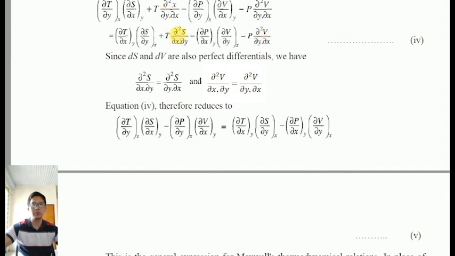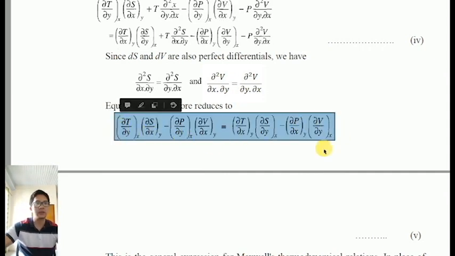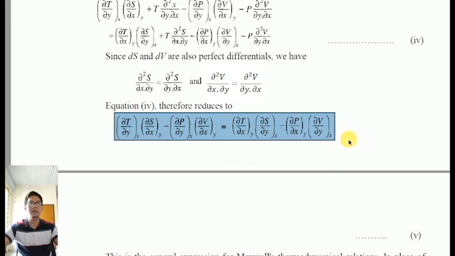Then we get this equation: del T by del y at constant x, del S by del x at constant y, minus del P by del y at constant x, del V by del x at constant y. This equation is the general expression for Maxwell's thermodynamic relations.